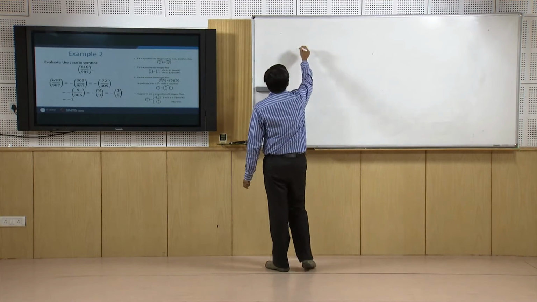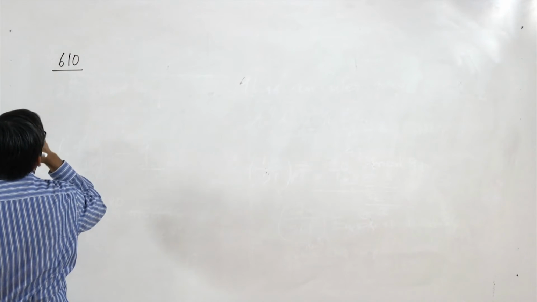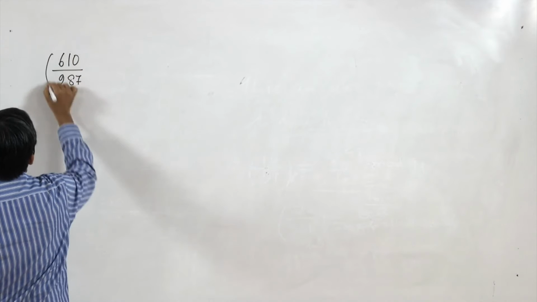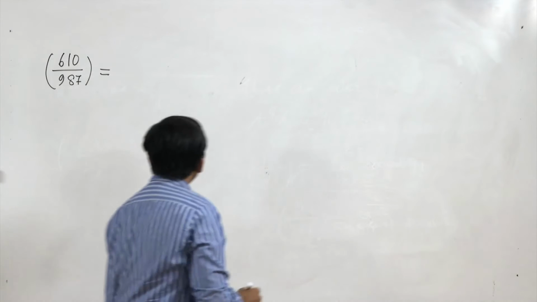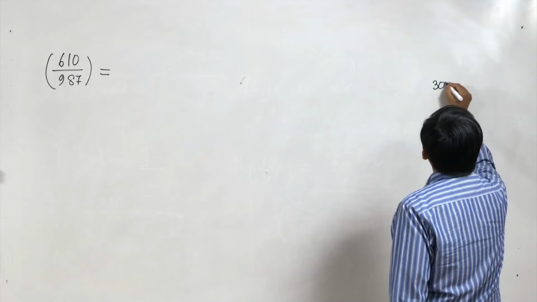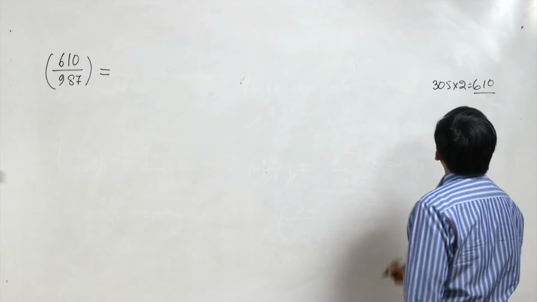We start from this point, 610 and 987. We note that 610 is even and 305 into 2 is 610.